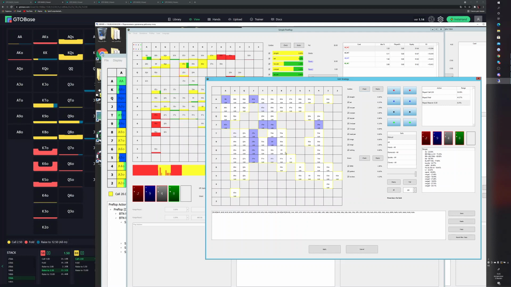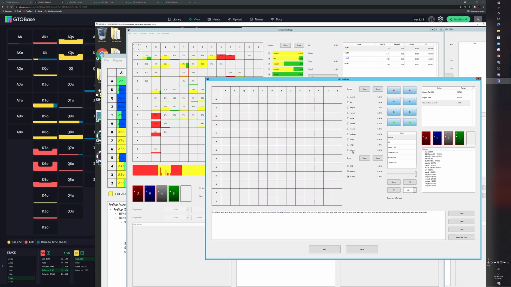Okay, all the sets, all the aces, we check shove. I think a lot of players will use this exact strategy of check shoving every combo of aces, of eights, and all the sets.